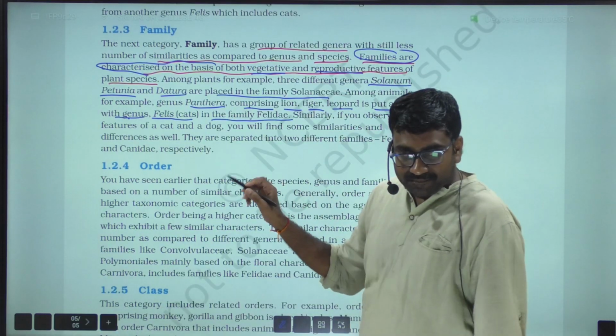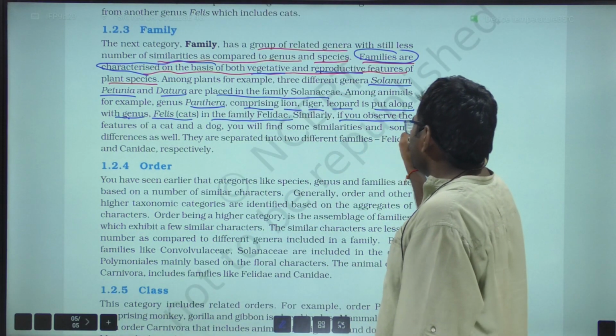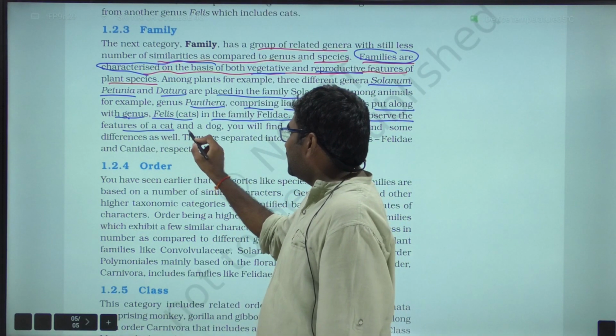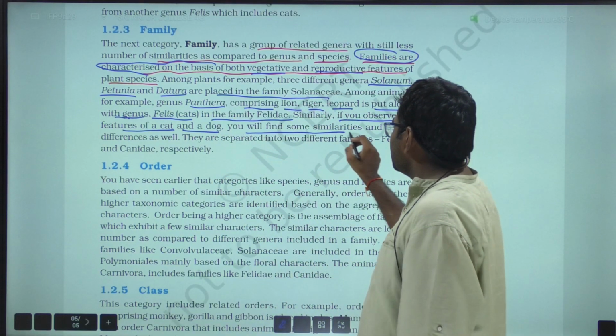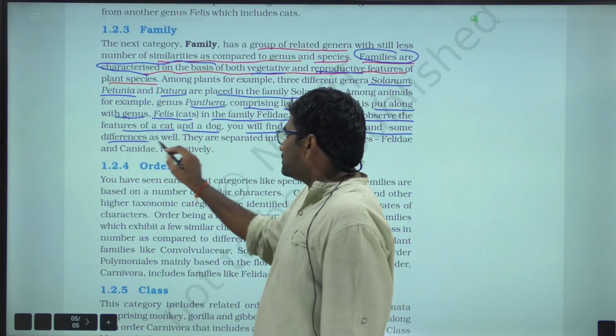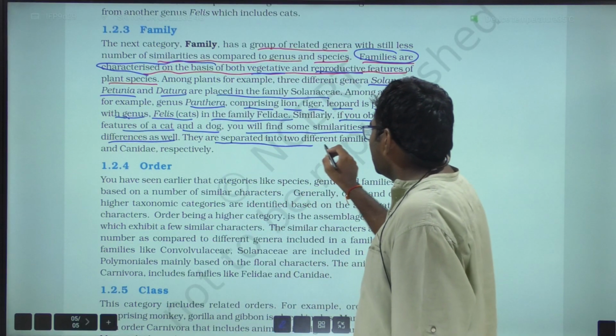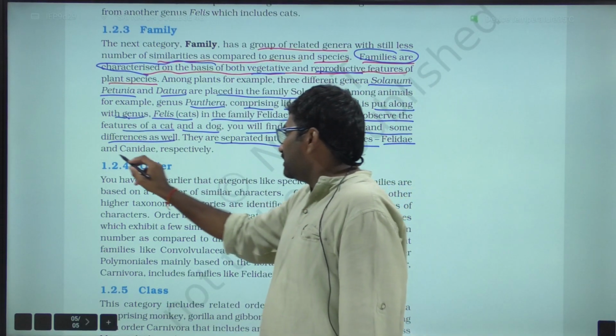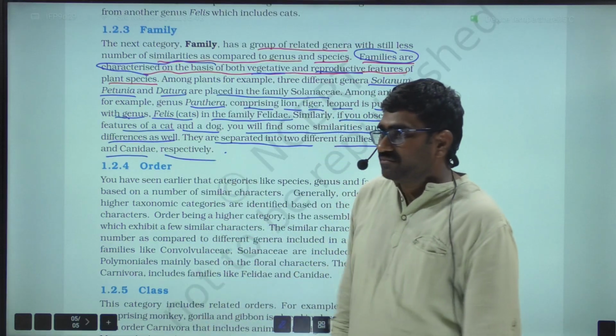Similarly, if you observe the features of a cat and a dog, you will find some similarities and some differences as well. So they are separated into two different families, Felidae and Canidae respectively.